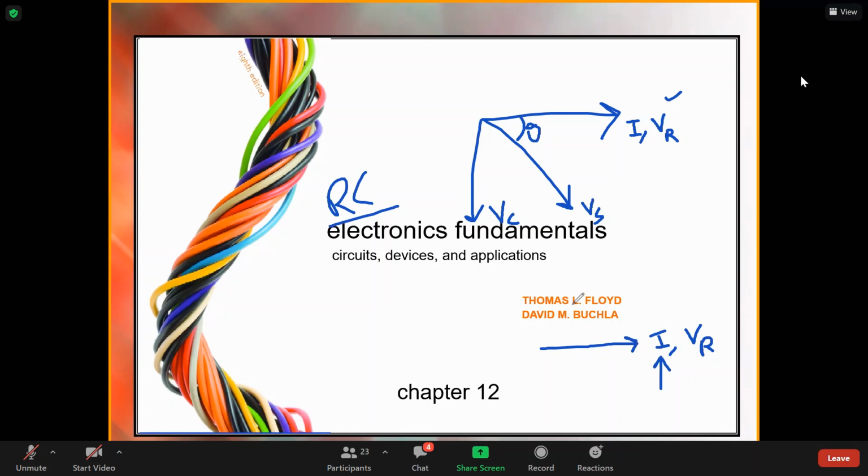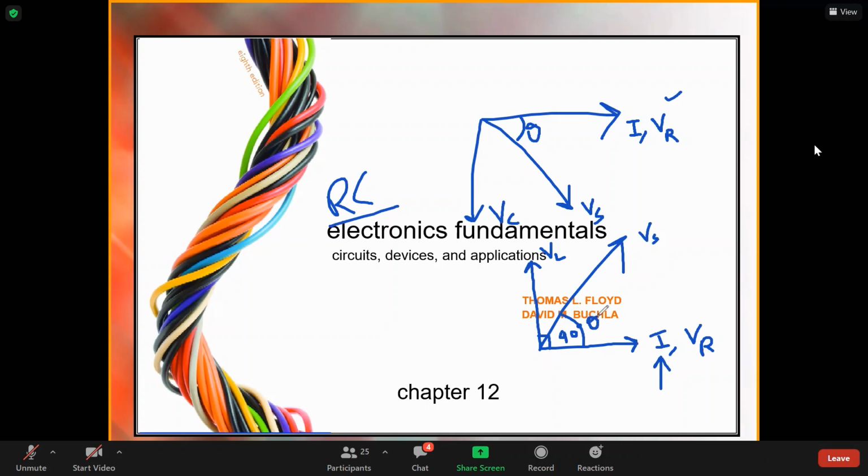Yes, correct. Because I am drawing the voltage phasor diagram and this is the current, as you just said, this is going to be VL, because inductive voltage leads the current. How much does it lead? We know that it is 90. So this is VR on the x-axis, this is VL on the y-axis, and here we have VS, and that is theta.